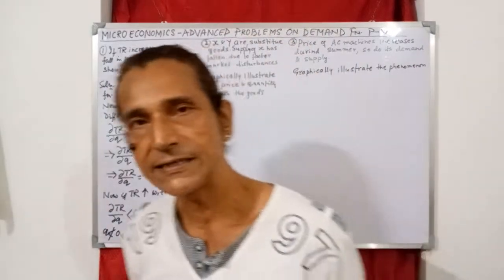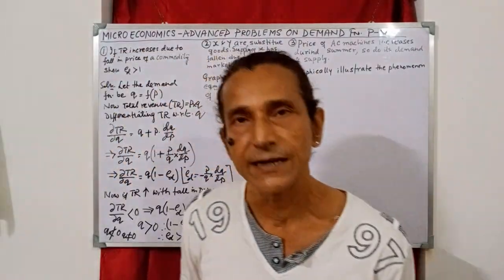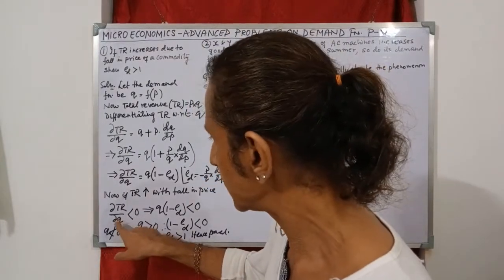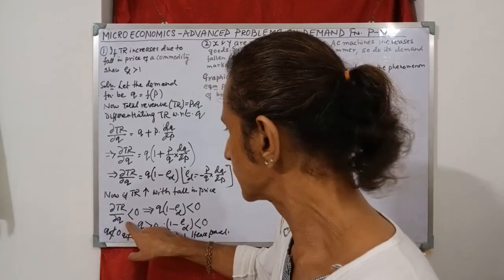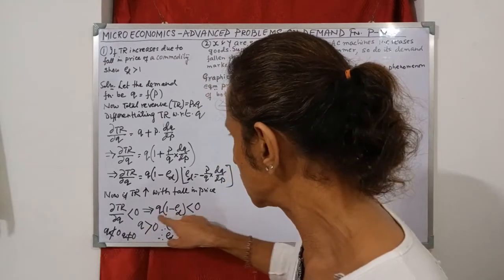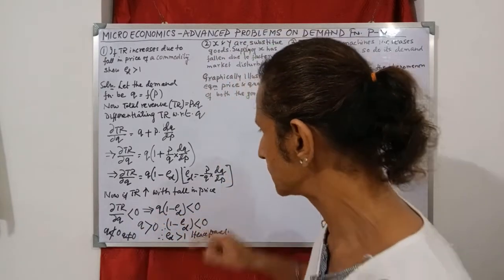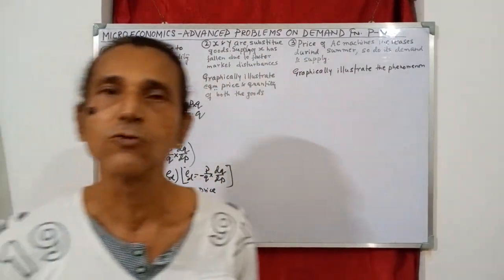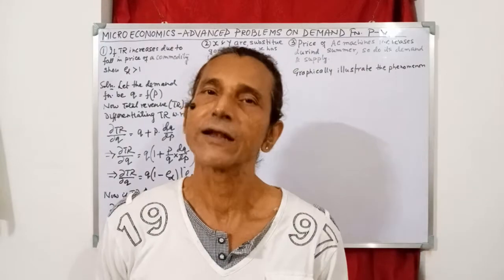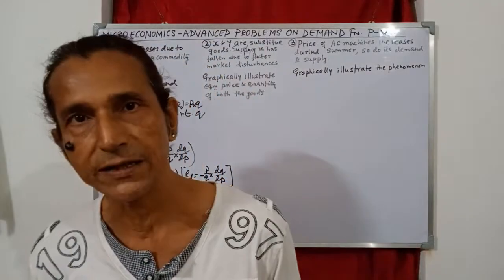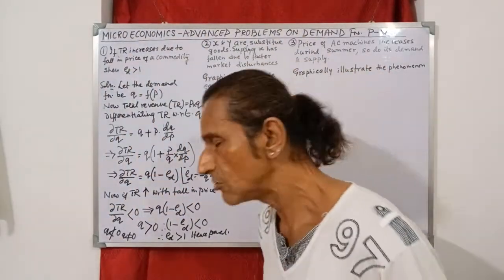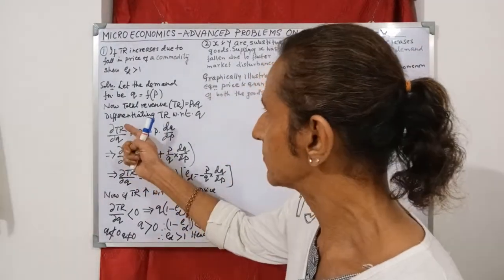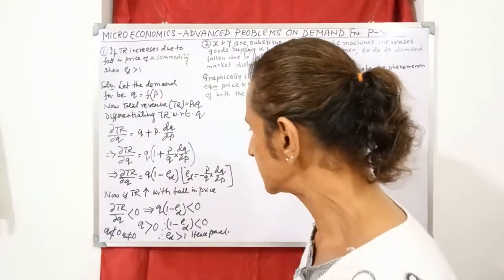Now if TR increases as a result of fall in price, then del TR del Q must be less than 0. So we have set del TR del Q as less than 0. So Q into 1 minus ED is less than 0. Now Q must be greater than 0. Q cannot be less than 0. Q cannot be equal to 0. Because Q must be a positive quantity. Otherwise TR would have been 0 or negative. That is impossible.